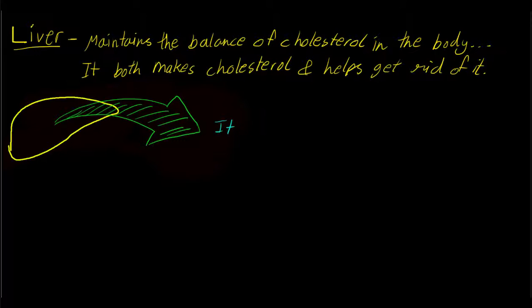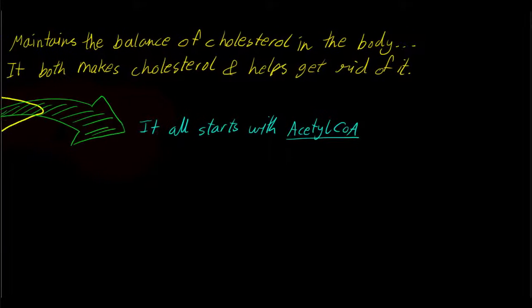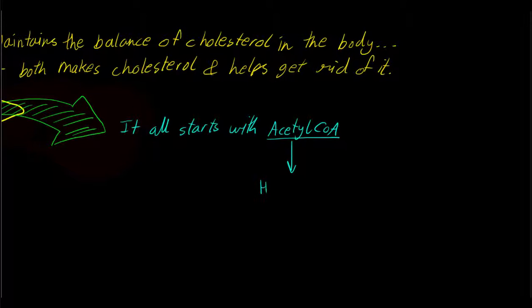Okay, so in the liver, it all starts with a compound called acetyl-CoA. This compound is the beginning of it all. It gets converted into something called HMG-CoA. That's another compound. You don't need to go into the detail of what everything stands for.